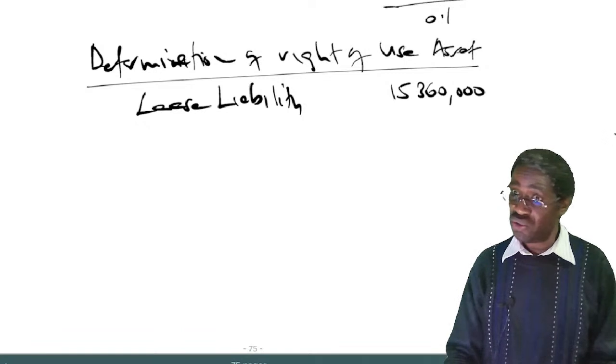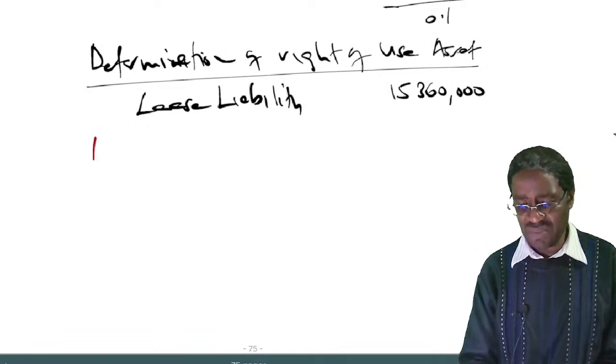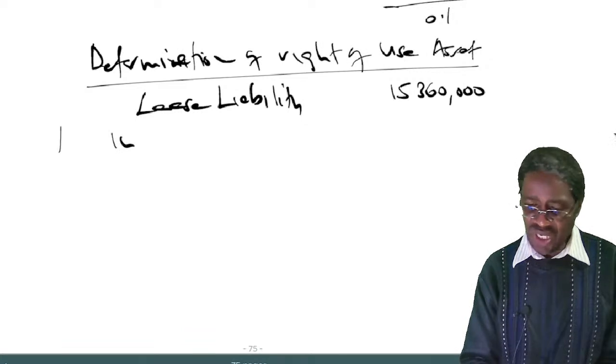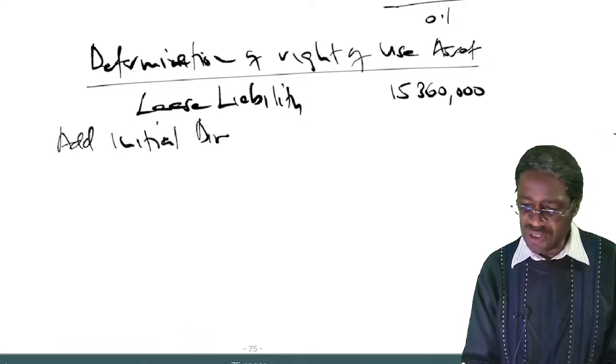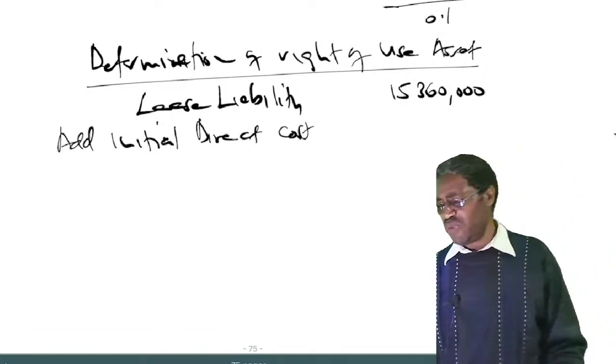For this question, we had a direct cost. I remember. So we just come and add initial direct cost. I think it was 500. Let me go back to the question and check.